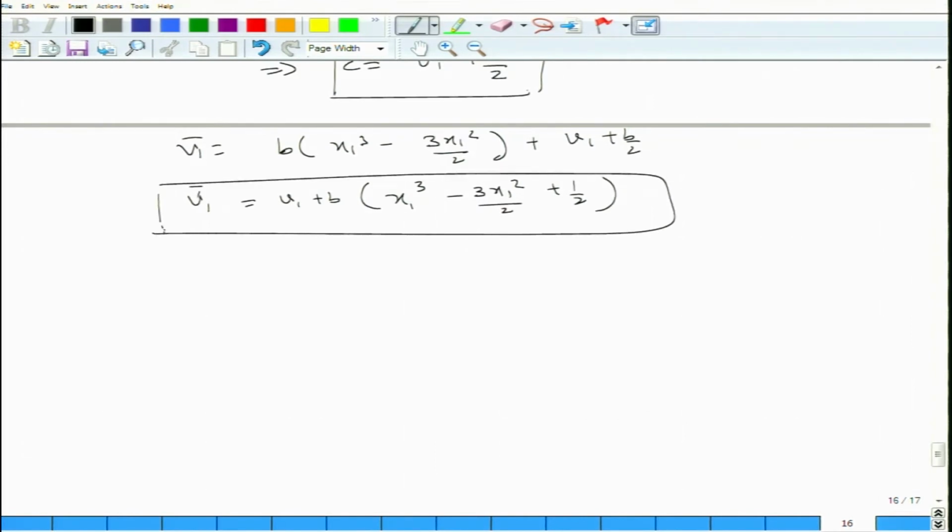The second part of the question was to find delta V mix. And this is nothing but V minus summation Ni Vi.